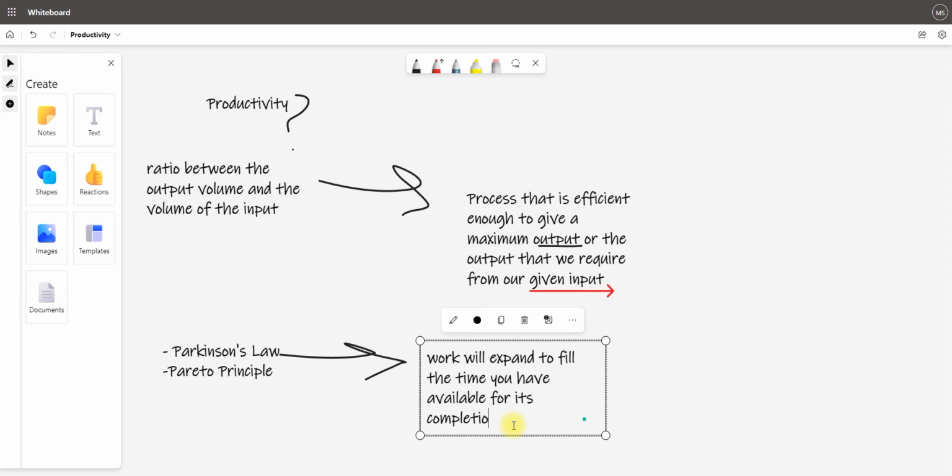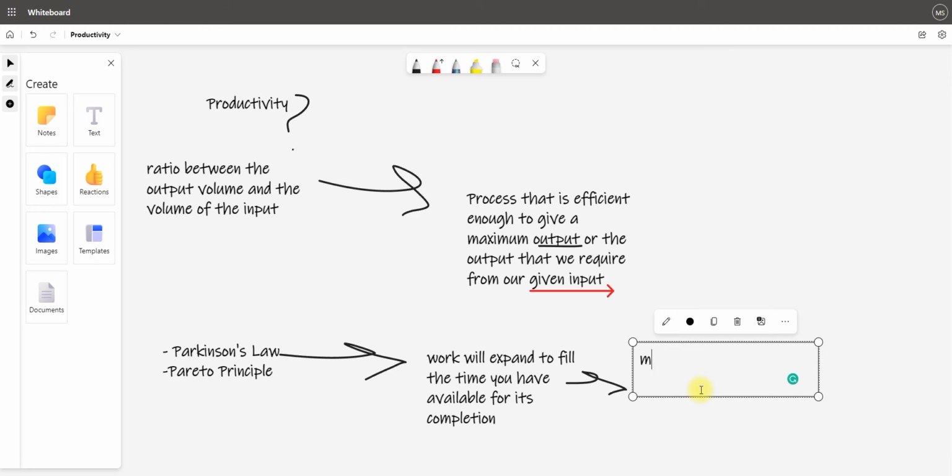you will use those days to complete the said task.